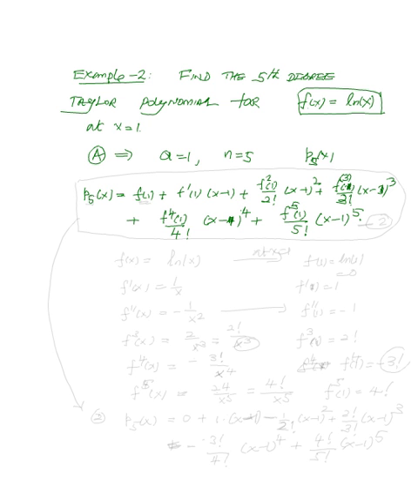So this is the Taylor polynomial for the function f of x at fifth degree.